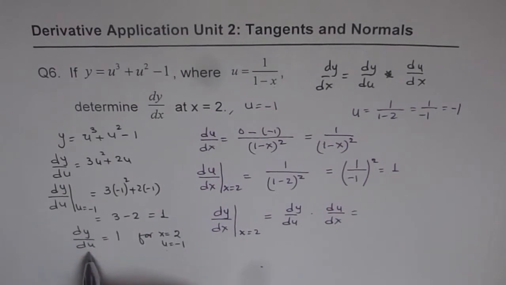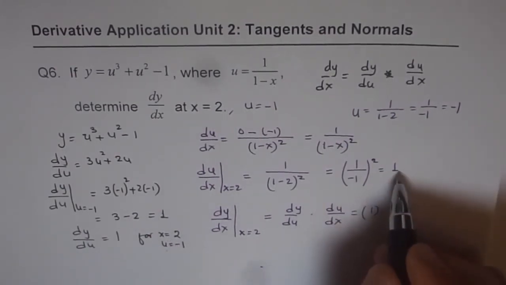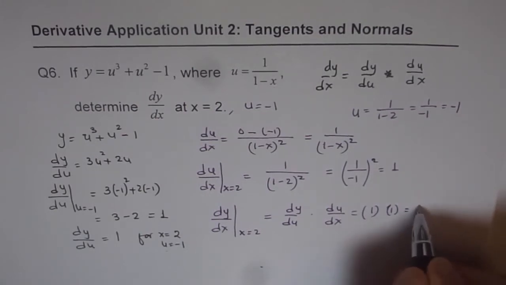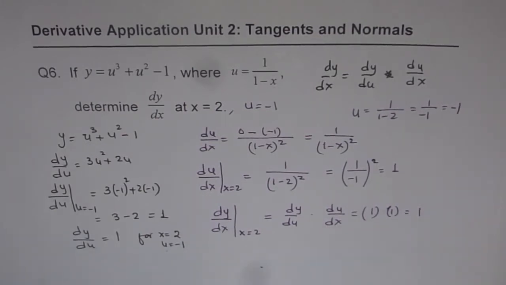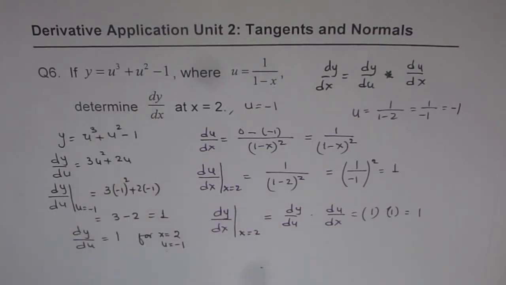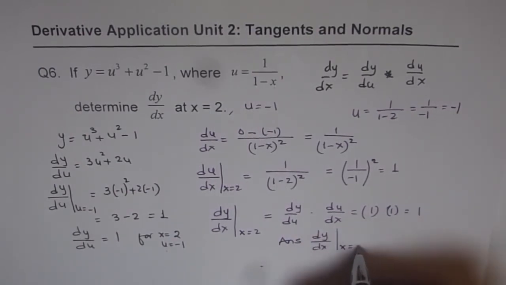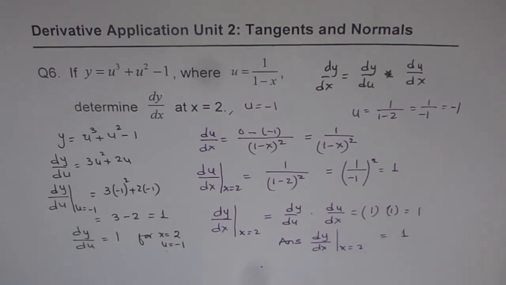Now we found dy/du for x equals 2 was 1, so we get 1 here times the other one. So the answer is 1. Correct? So we get our solution: dy/dx for the given composite function is 1. So the answer is dy/dx for x equals 2 is equal to the number 1.